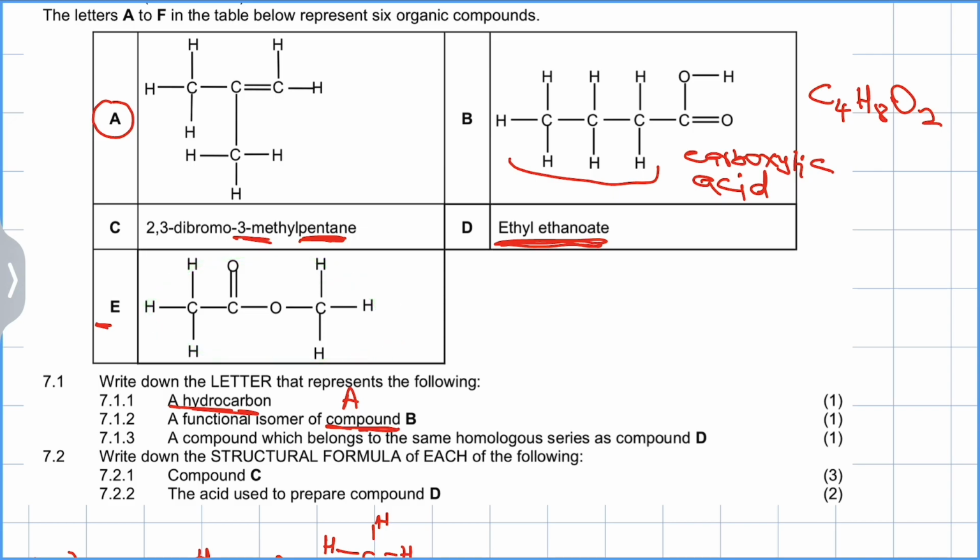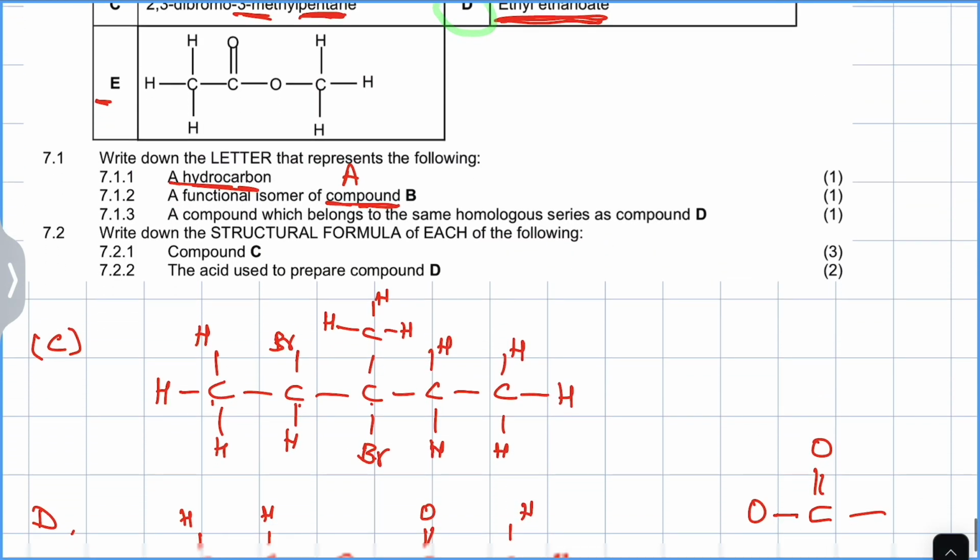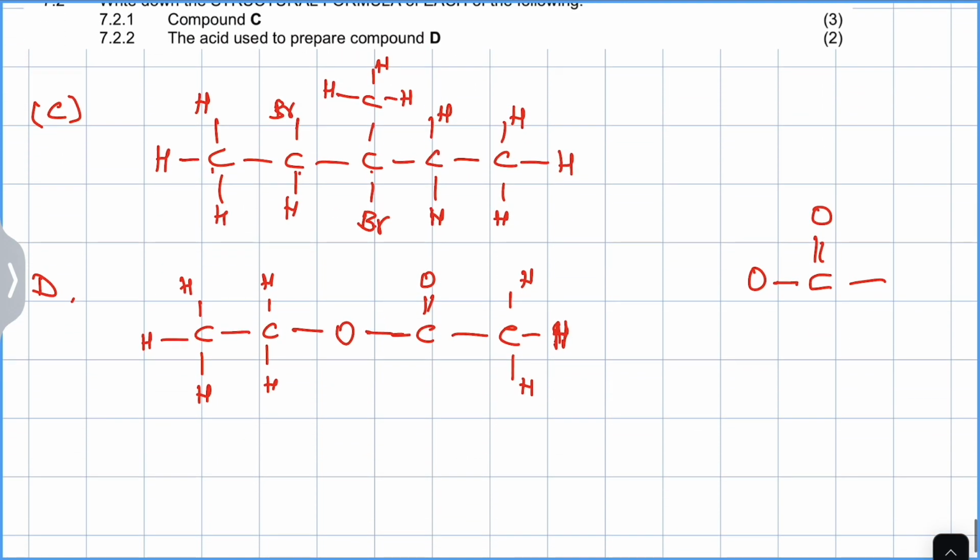And then if you check compound D, which is the ester that we have here, 1, 2, 3, 4 carbons, and 1, 2, 3, 4, 5, 6, 7, 8, so that is 8 hydrogens.